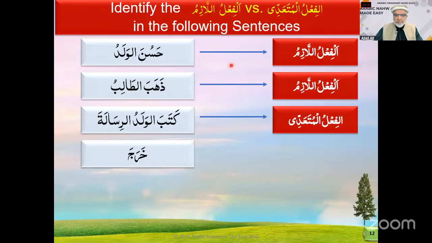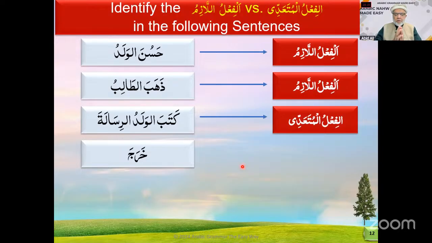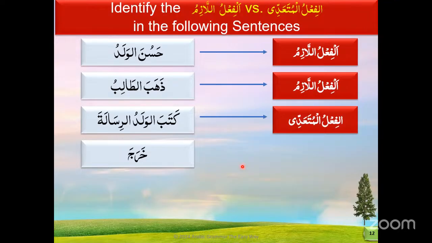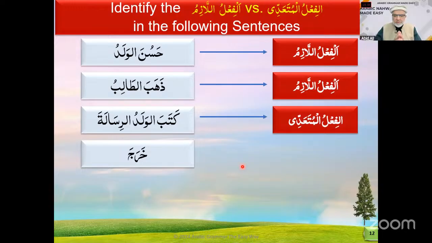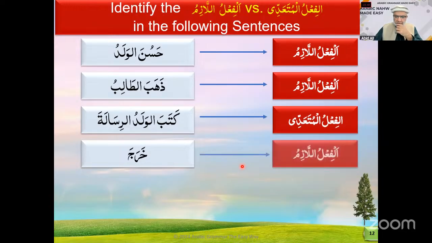What is the meaning of kharaja? He left. Do you see any object in here? No. Is there a subject in there? Yes. What is the subject? Huwa. Mashallah. So this is fi'lul lazim. Very good.